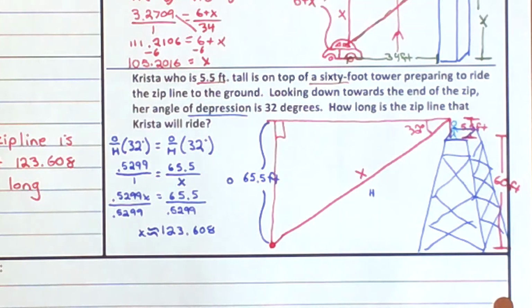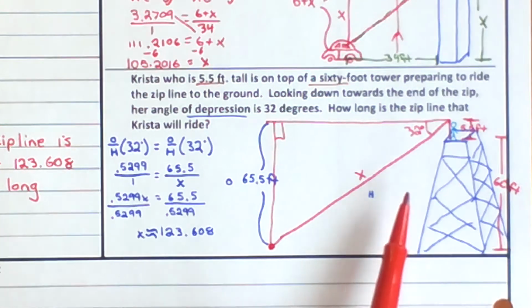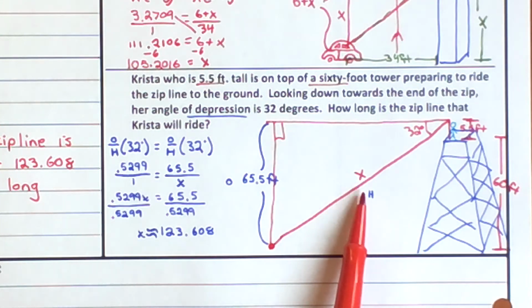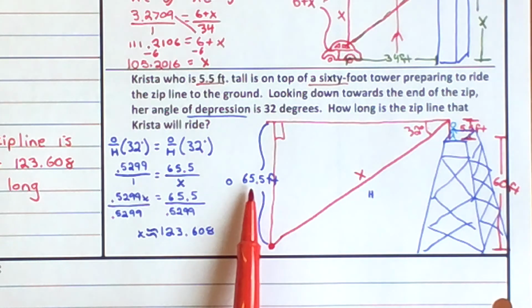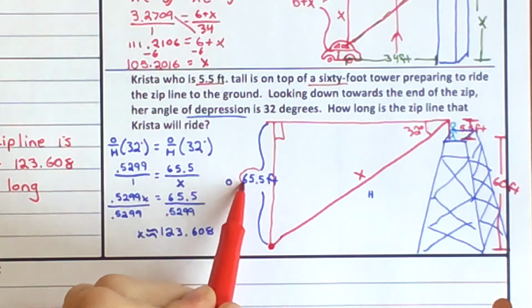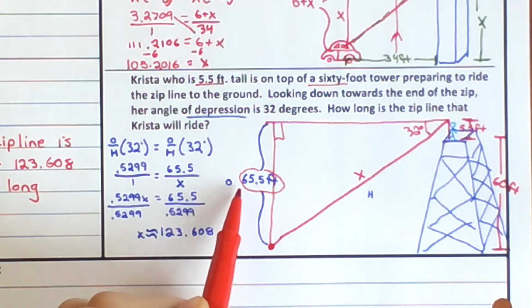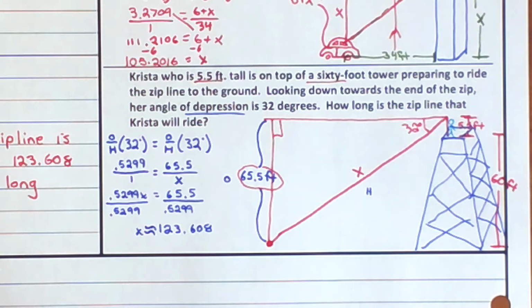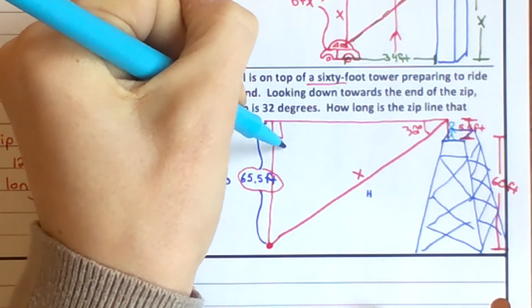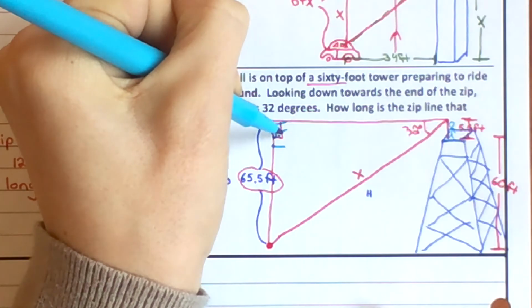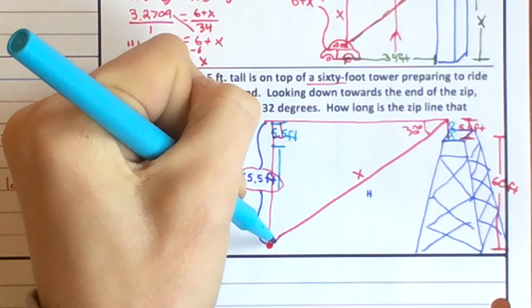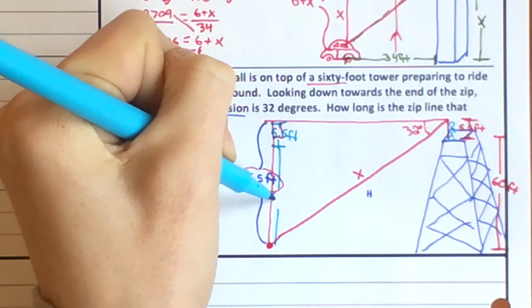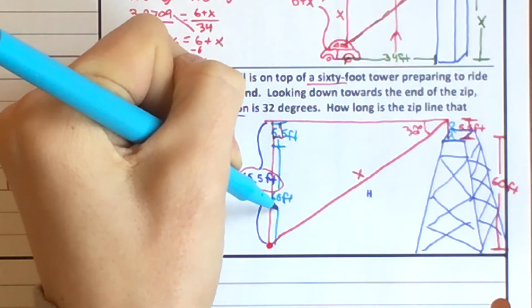Okay, so let's talk about what I have right here. My hypotenuse is the missing length, so I label it as an X, that's the zip line. My opposite side, now this is important, so you should have 65.5. What I've done here is I've taken the height of the person, so this right here is 5.5 feet, and then the height of the tower from here down is the 60 feet of the tower.